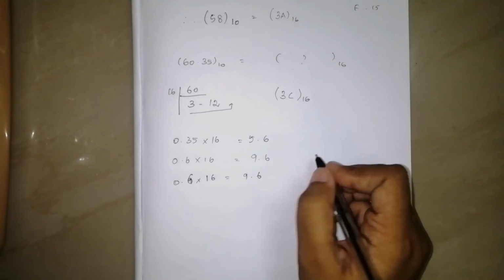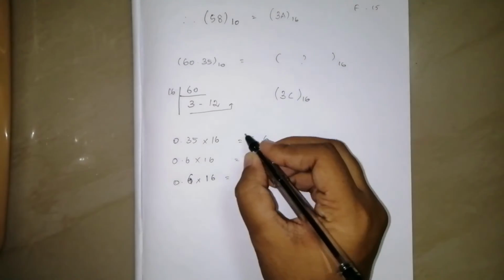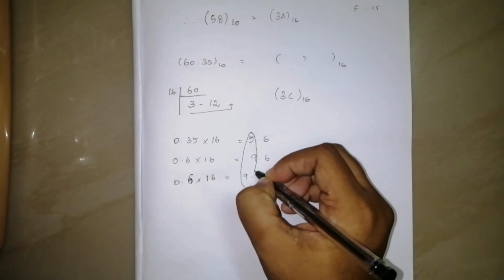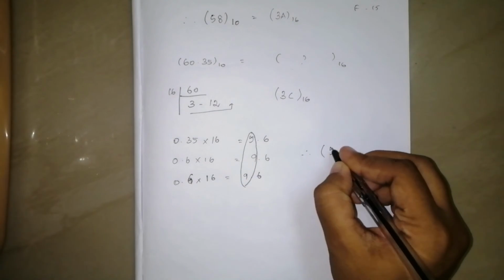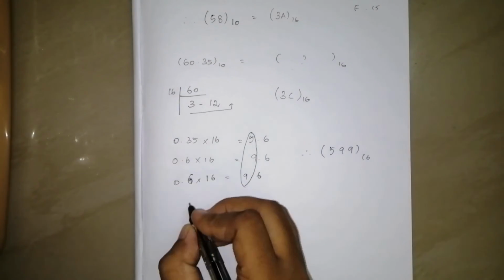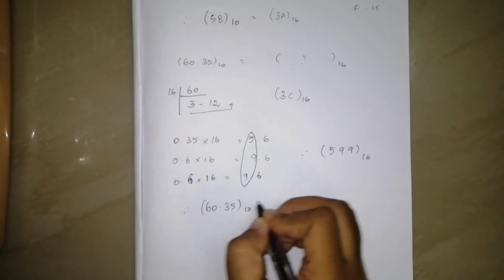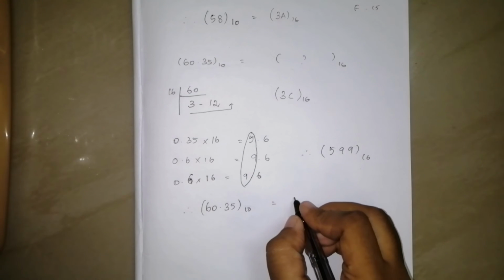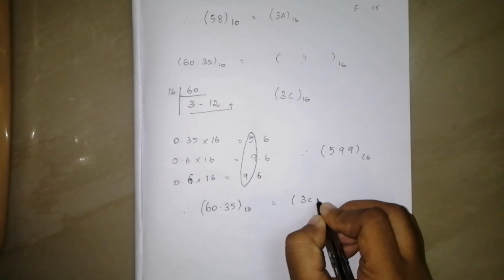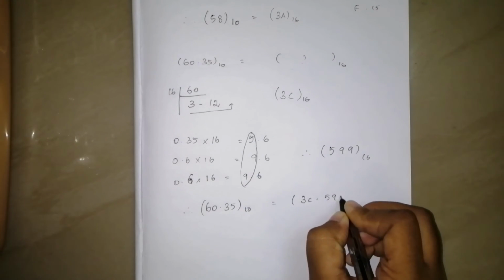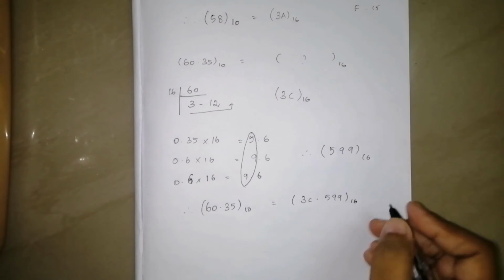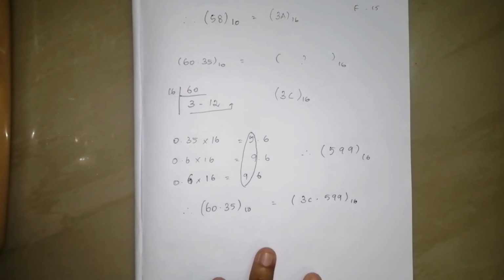It goes on like this, so therefore we can write the hexadecimal equivalent as 599. Therefore 60.35 of base 10 is equal to 3C.599 of 16. I think you have understood the decimal to other base conversion.